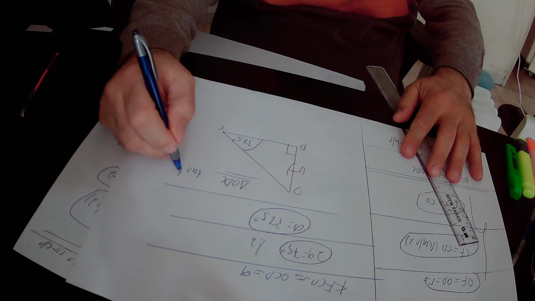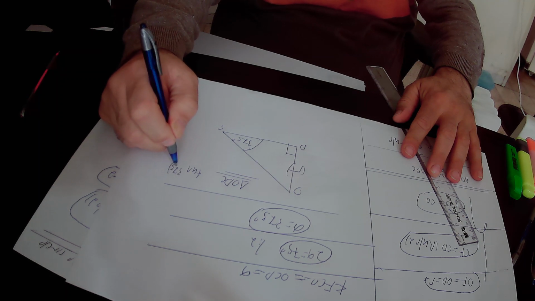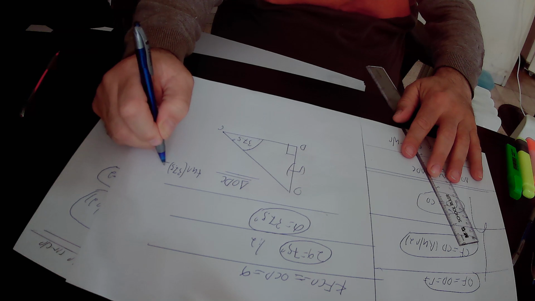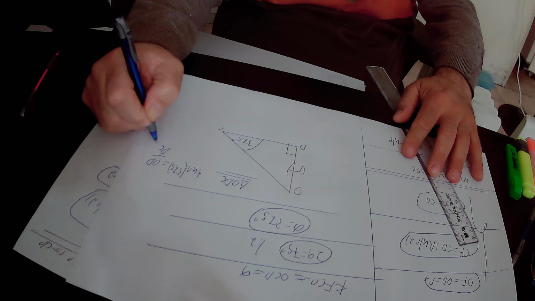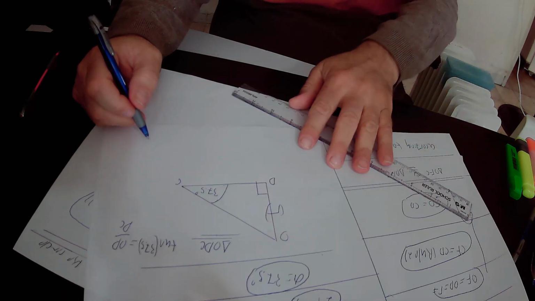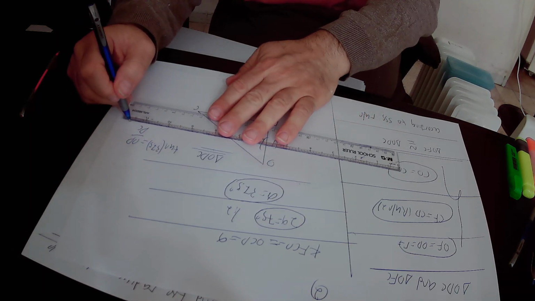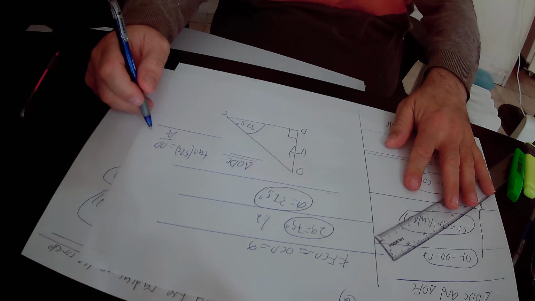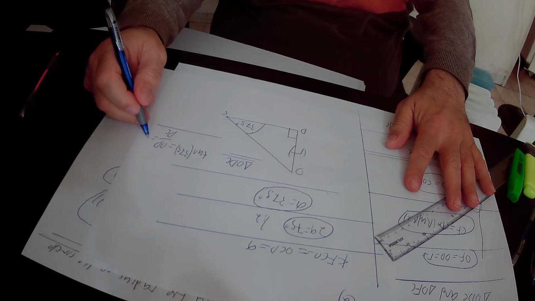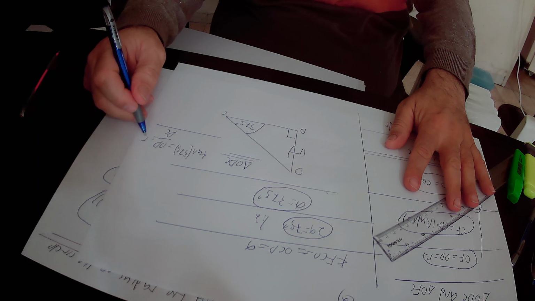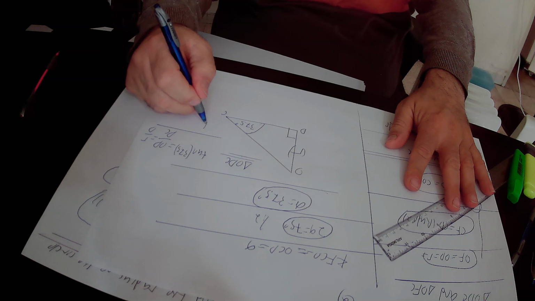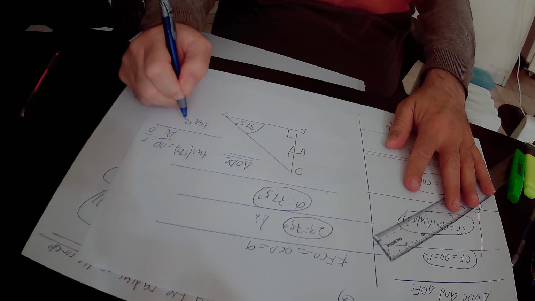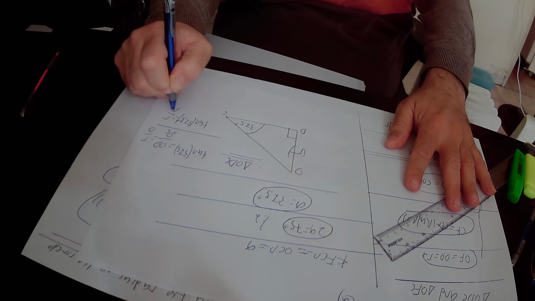tangent 37.5 degrees equals OD over DC. OD is R, so we substitute OD by R, and we get that tangent 37.5 degrees equals R over DC.